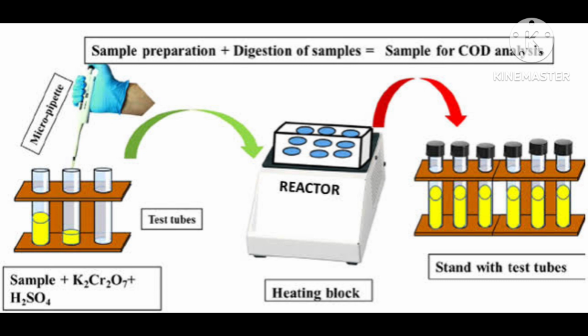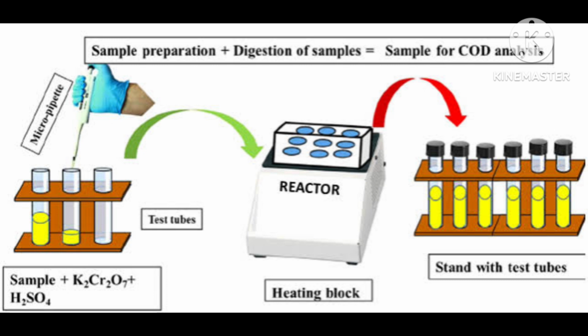But generally, if we measure per liter, then roughly around 10 or 12 milligram, but a minimum of 7 to 8 milligram is required. If organic matter is there, more oxygen will be required, and if inorganic matter is present, then even more is required.